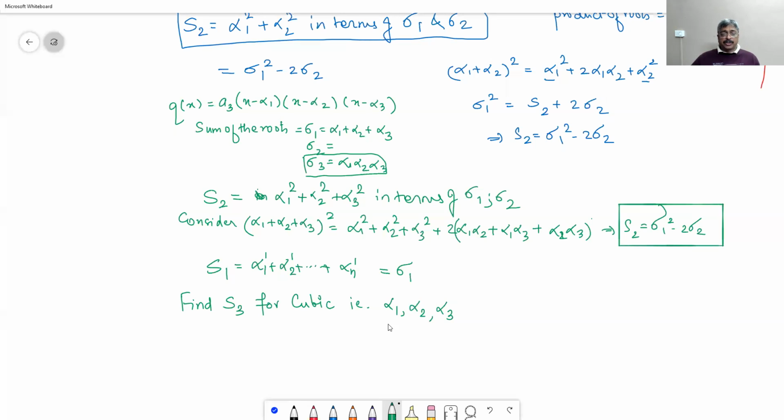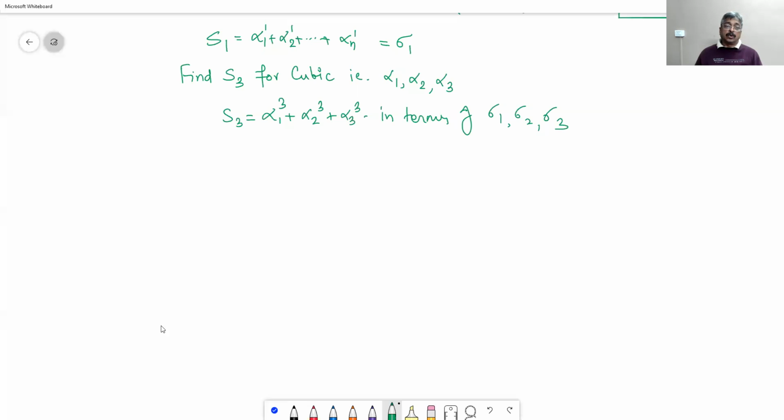If there are 3 roots, find S3, which is alpha 1 cube plus alpha 2 cube plus alpha 3 cube, in terms of sigma 1, sigma 2, sigma 3. I give you sufficient time. Okay. So one way to do this is to start. There are a couple of ways, two ways.